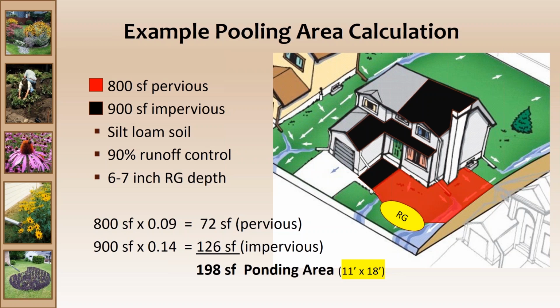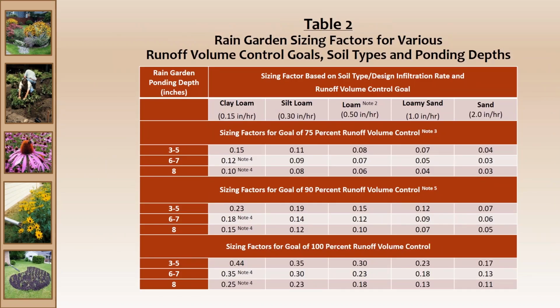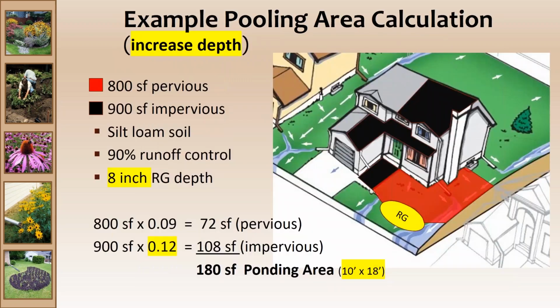Now, let's say that size is too big and it's not going to fit into our landscape plan. Then you go back to the table, and one option would be to go to a deeper rain garden. That would change your 90% control factor from 0.14 to 0.12.